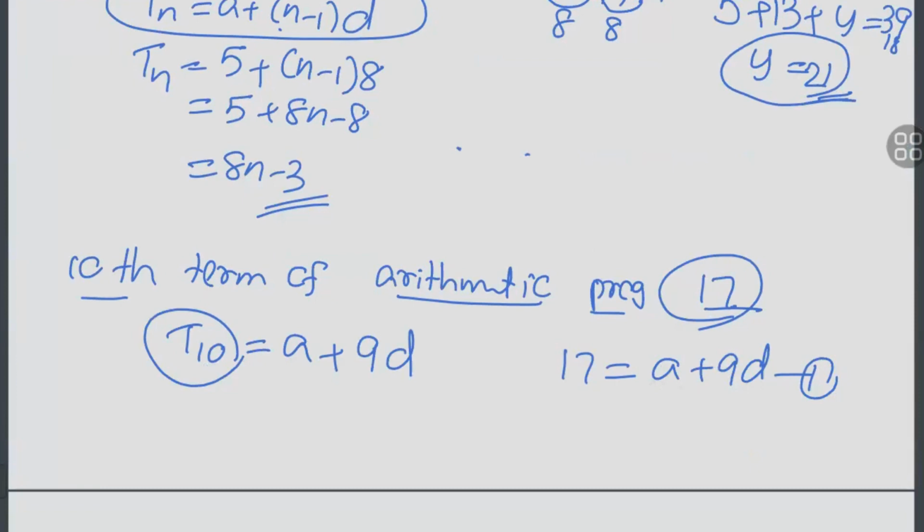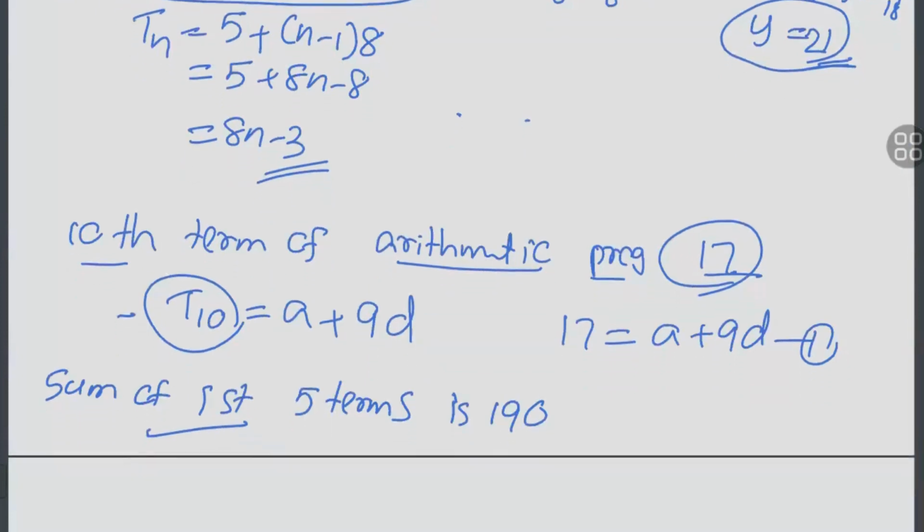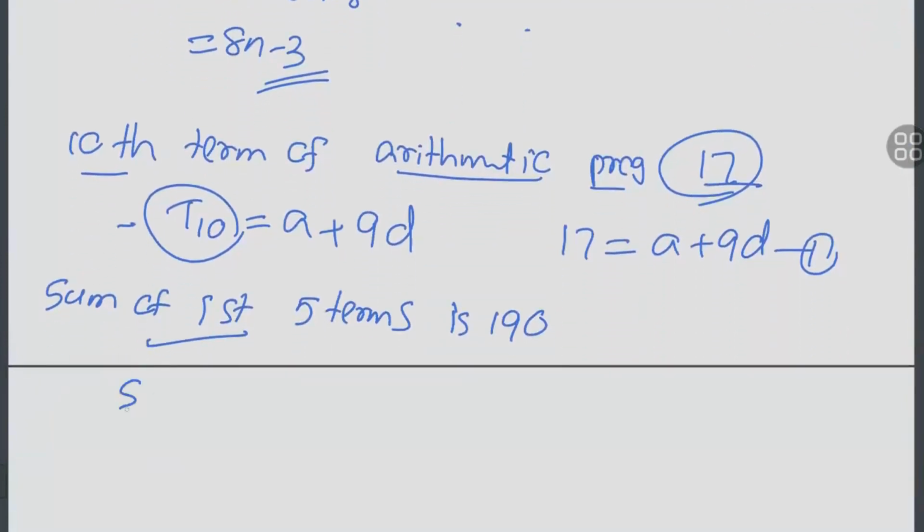And the sum of the first 5 terms is 190. Sum means, for arithmetic, we use the given Sn equation: n over 2 times 2a plus n minus 1 d.